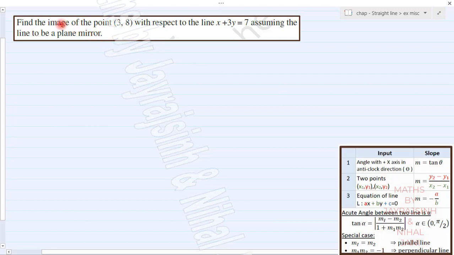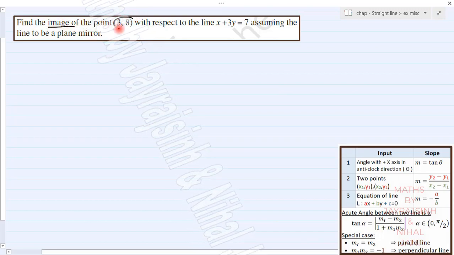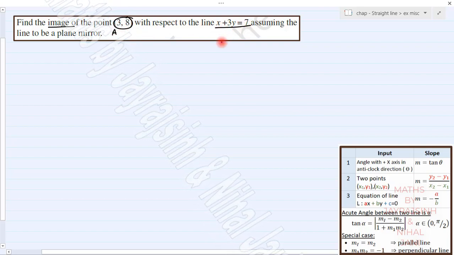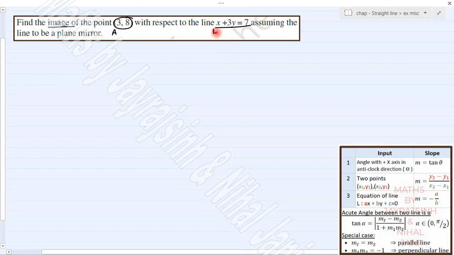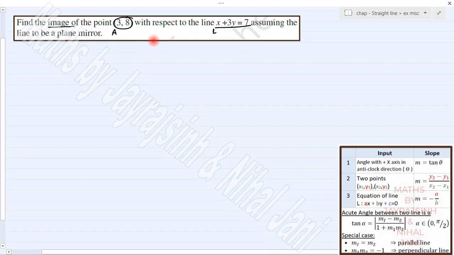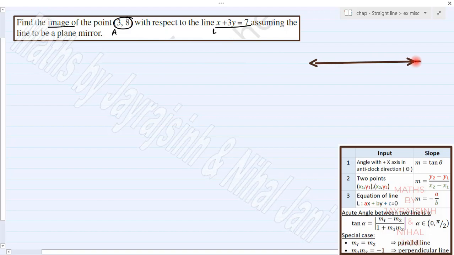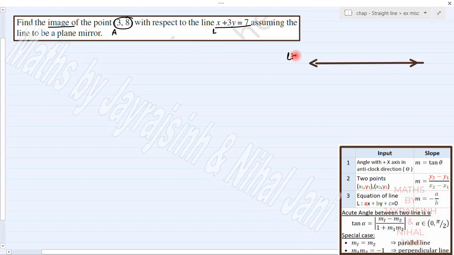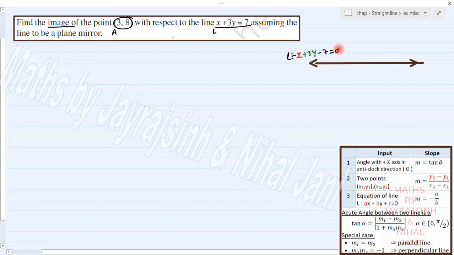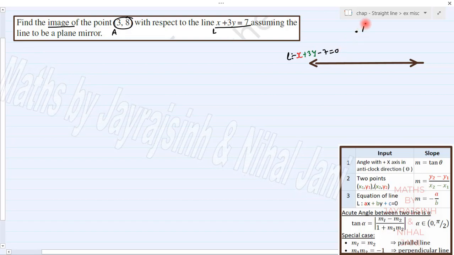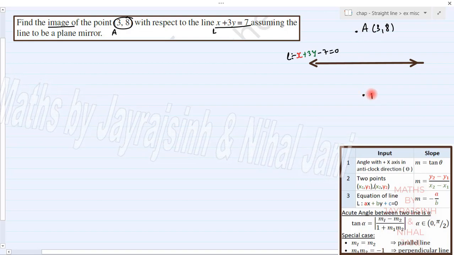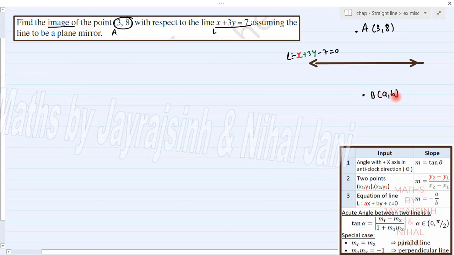In this question, we have to find the image of point (3, 8), let's say A, with respect to the line x plus 3y equal to 7. Let's say this is your equation of line L, assuming that the line behaves as a plane mirror. Here we have our line L, given by x plus 3y minus 7 equal to 0, and our point A (3, 8), and its image B having coordinates (a, b).